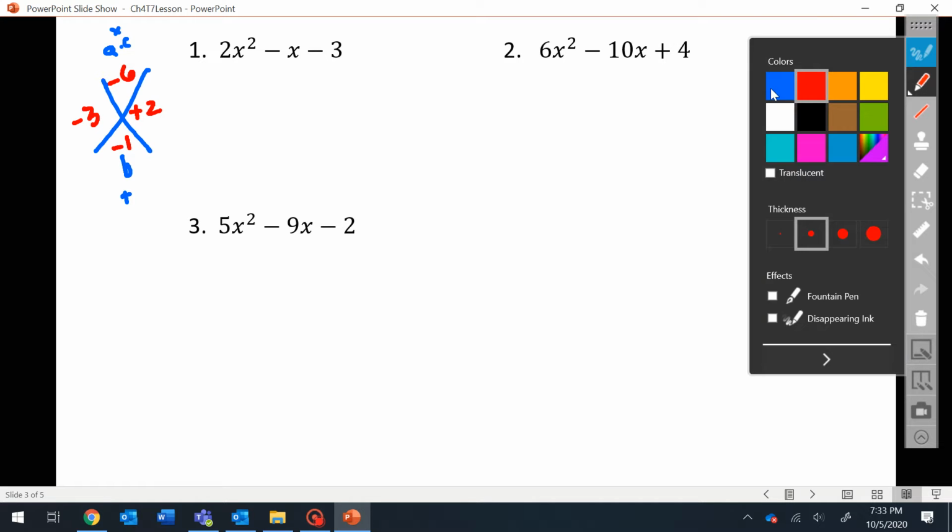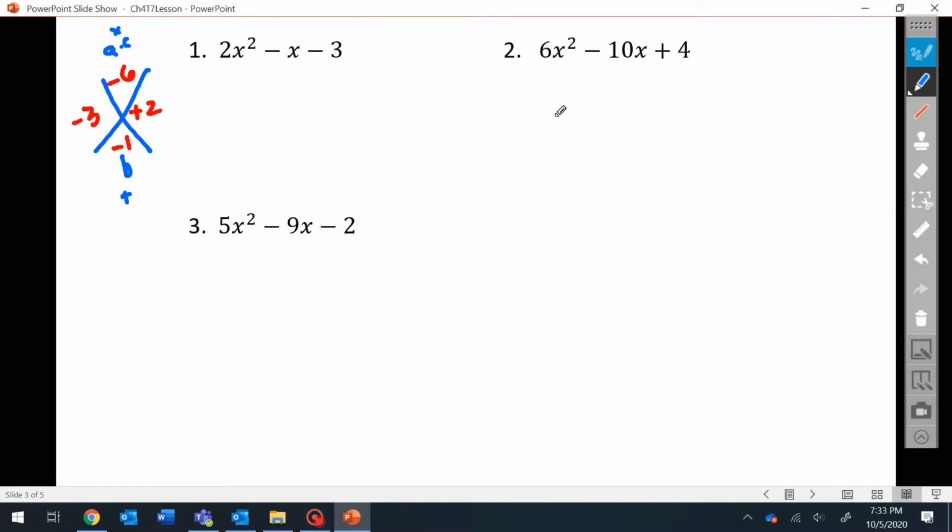Alright, now what we're going to do is rewrite the problem 2x squared minus x minus 3, except we're going to rewrite the minus x as the two terms that we found here, negative 3x and positive 2x, because those add up to negative x.